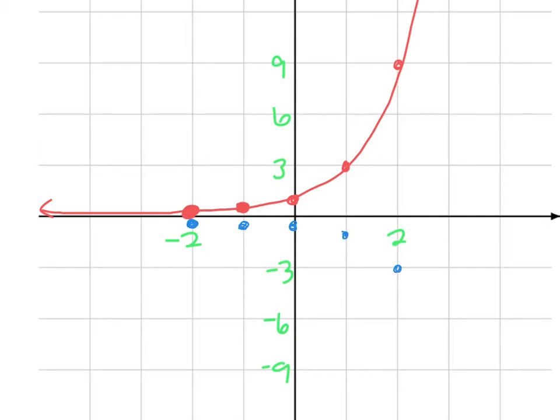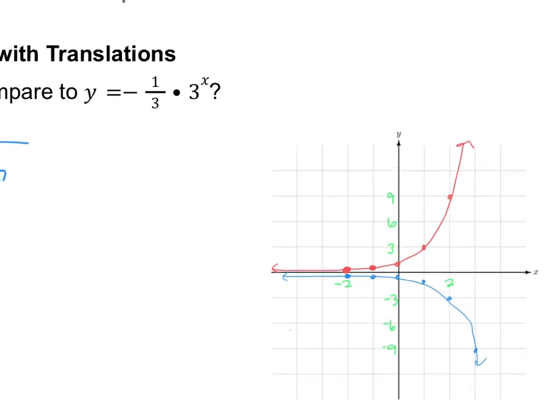And if we went one more, it would have been -3, -9. So it looks like this. Oh, I got a little off there at the end. That's okay. All right, so let's talk about it.